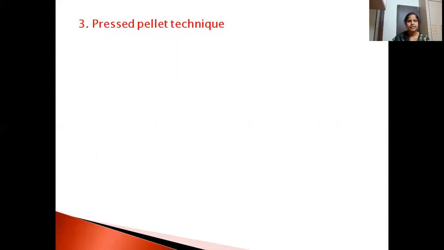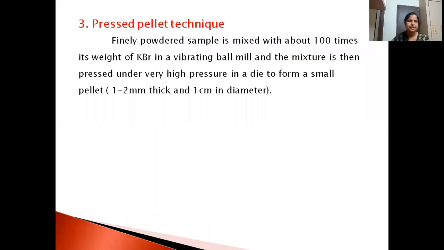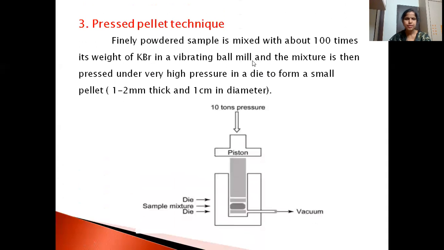Then the pressed pellet technique. In the pressed pellet technique, the sample is mixed with around 100 times its weight of KBr, that is potassium bromide, in a vibrating mill, and then it is pressed. Here you can see the sample is placed, first mixed with the potassium bromide, and then pressed using a piston.